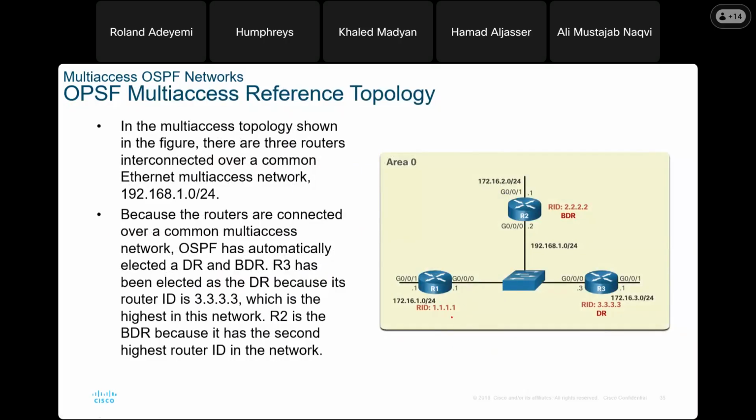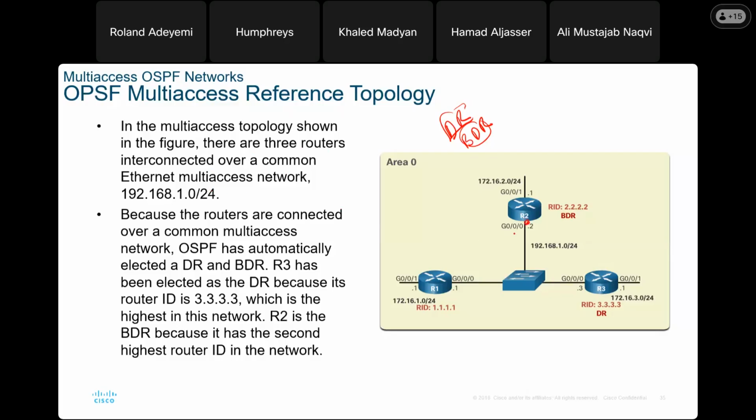Okay, so now I'm going somewhere. How do you know who will become the president, who becomes the vice president, when they carry out an election? The DR, the BDR. How do we know that? So let's check it out. In the multi-access topology shown in the figure, there are 3 routers interconnected over a common Ethernet multi-access network.